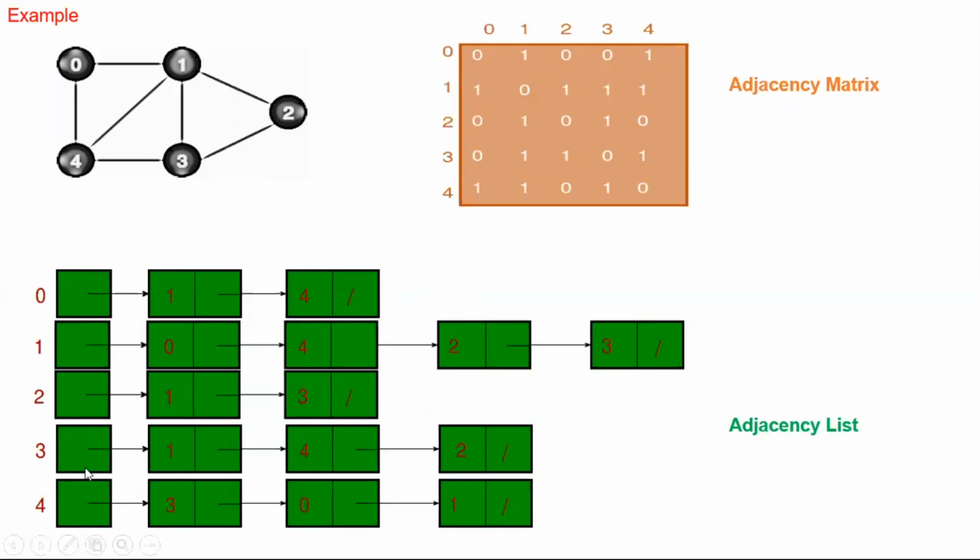We have 5 nodes and a linked list indicating which node is connected to another node. For example, 0 is connected to 1 and to 4. 1 is connected to 0 and 4 and 2 and 3, etc.